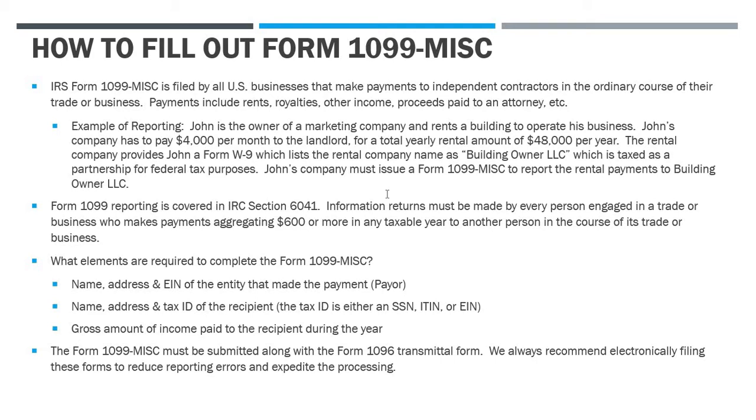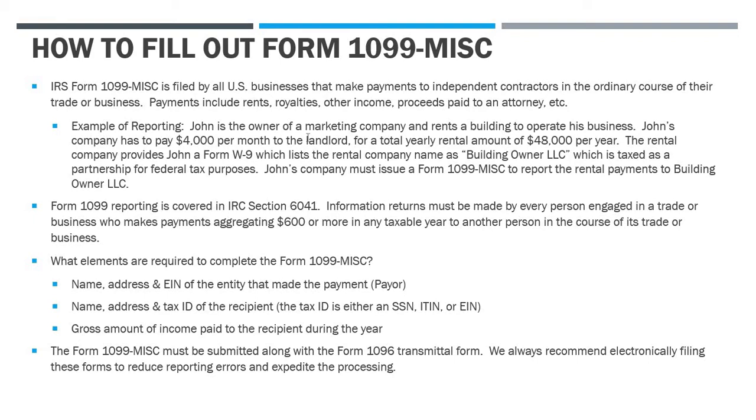You used to report that on the miscellaneous form, but now the IRS has created a 1099 NEC for non-employee compensation. So the 1099 Miscellaneous still exists, but if you have compensation paid to an independent contractor that doesn't fall within one of these exceptions, you report that on the NEC.